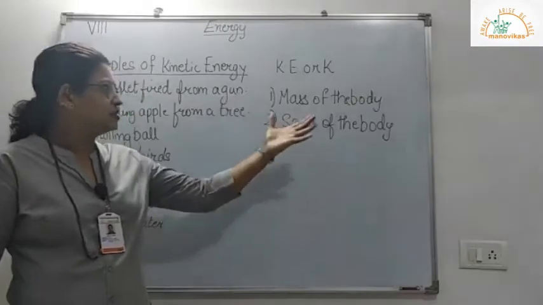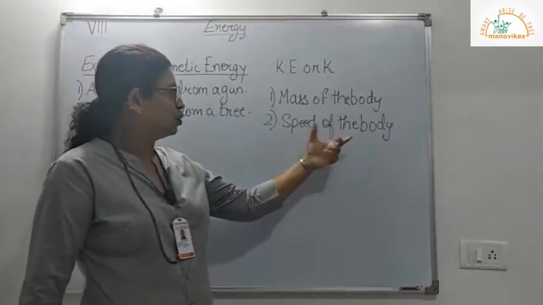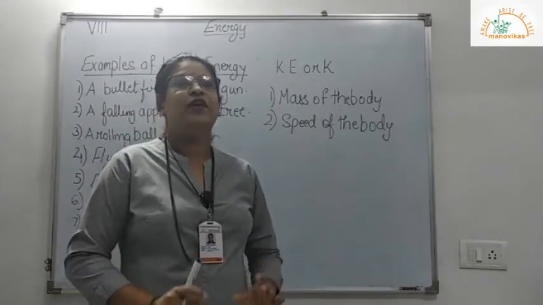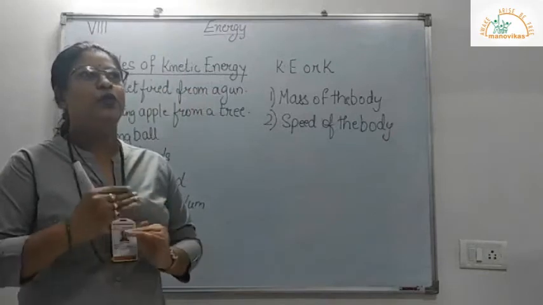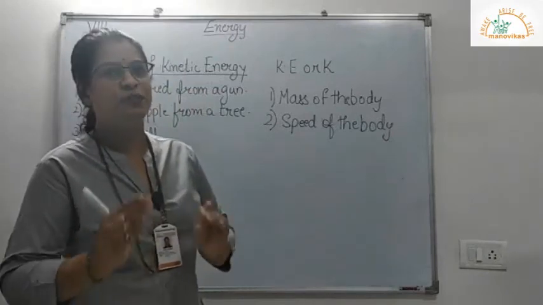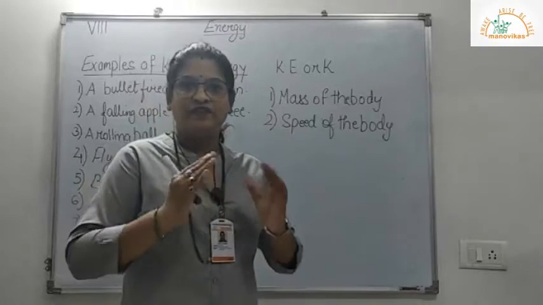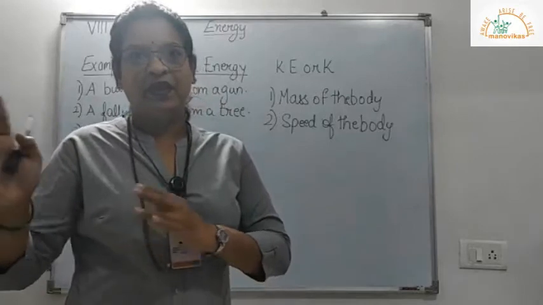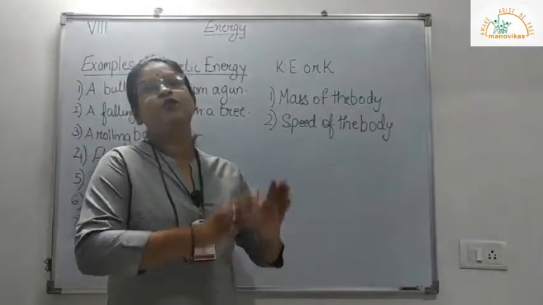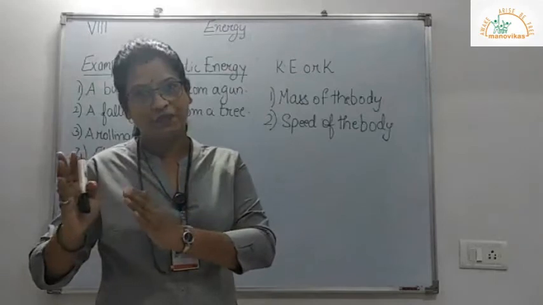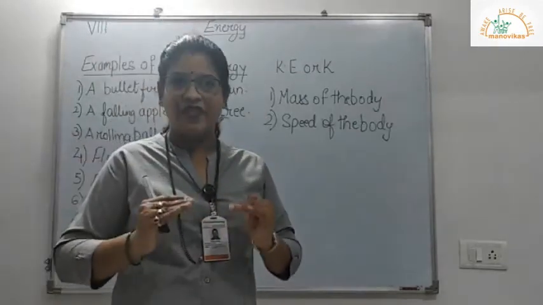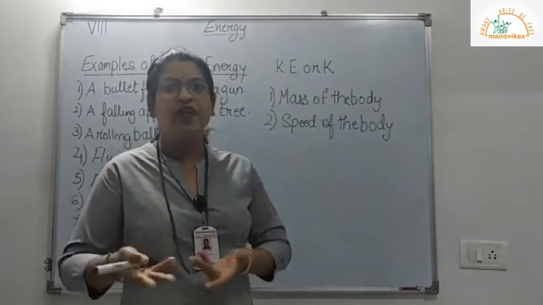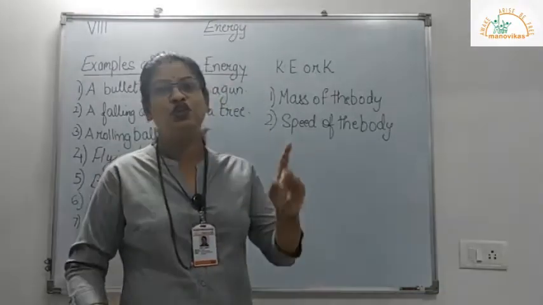Next, kinetic energy also depends on the speed of the body, right? Now, if a boy moves with a speed of 2 meters per second, and afterwards he changes his speed to 4 meters per second, you will observe that the kinetic energy becomes 4 times the kinetic energy in the initial state.